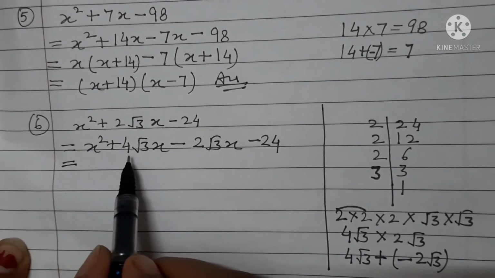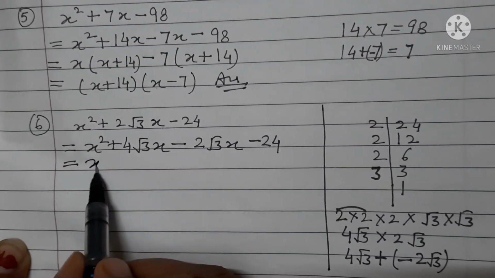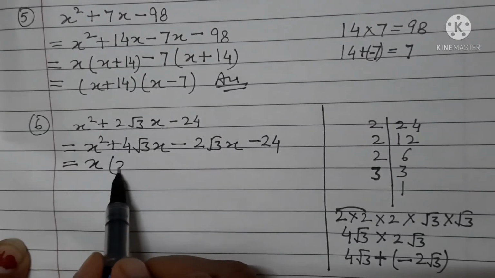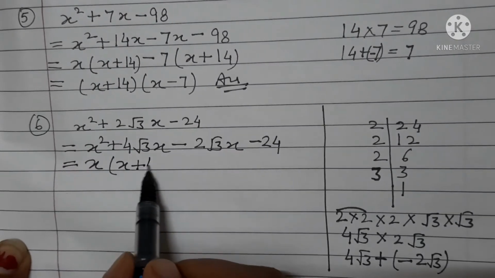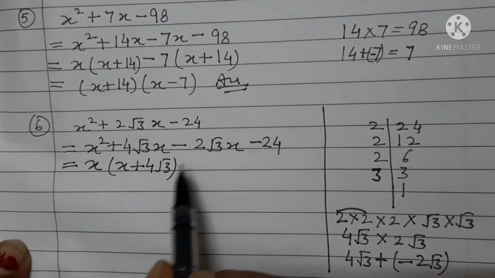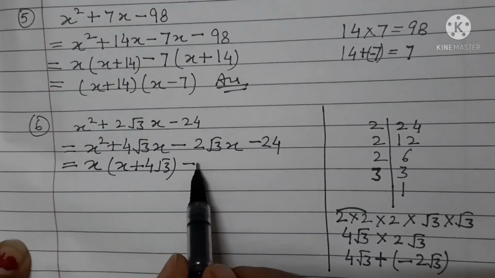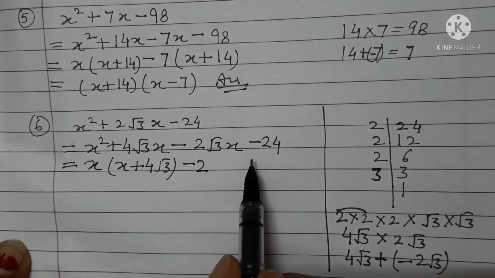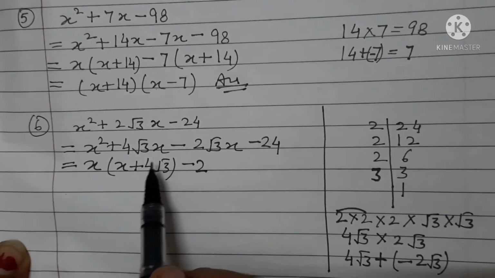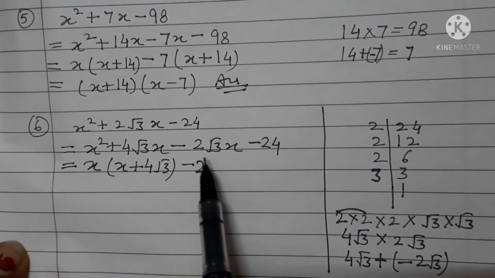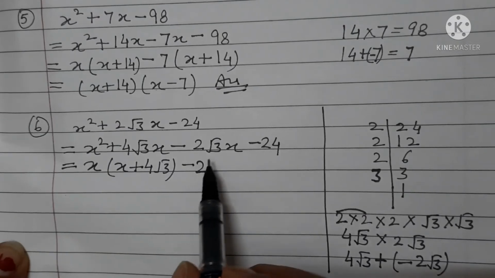Now you can take x common, and in the bracket x plus 4 root 3. Here minus common, 2 common, and this is 4 root 3 and minus 2 common.